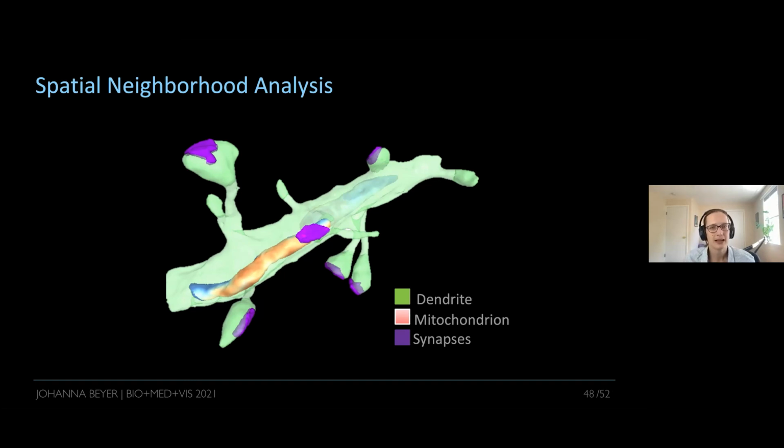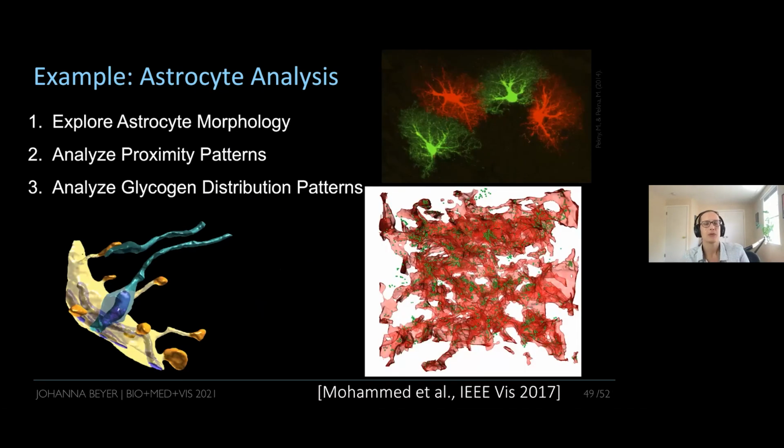And one example would be astrocyte analysis. So here, on the top right, you can see light microscopy. In the zoomed in version, you can see a rendering here on the bottom right. But the idea is you want to look at astrocyte morphology. An astrocyte is a type of glial cell, and they have a very complex morphology.